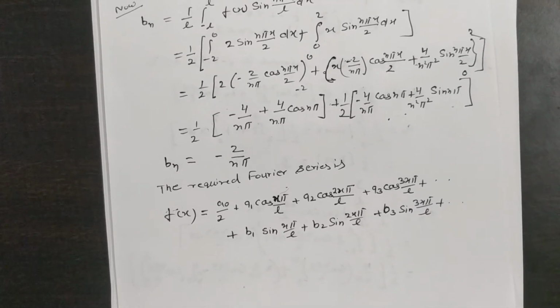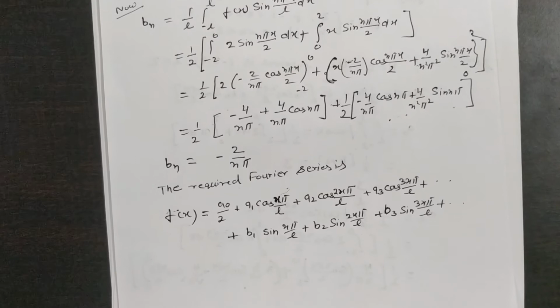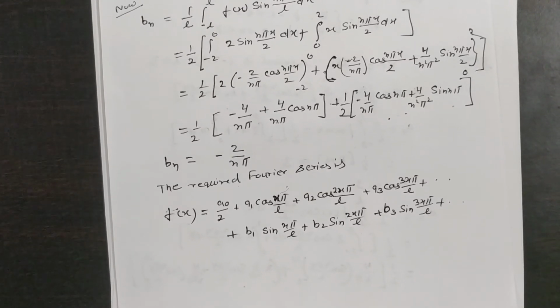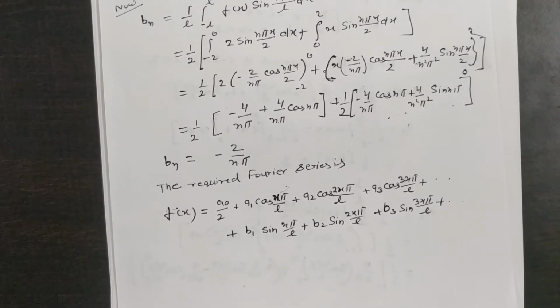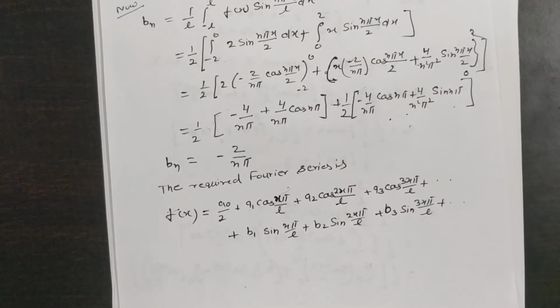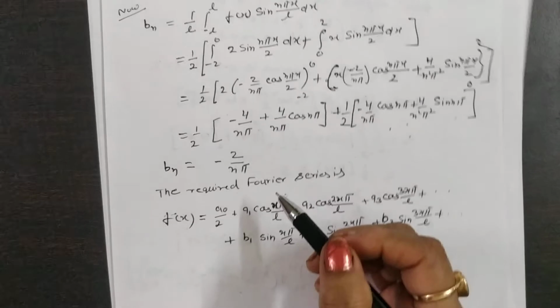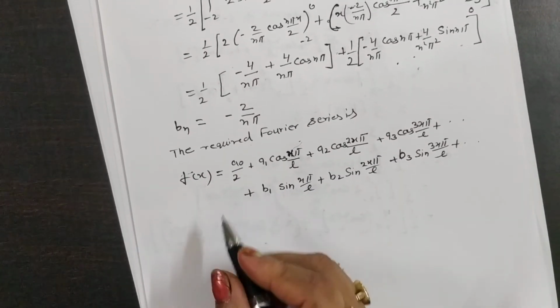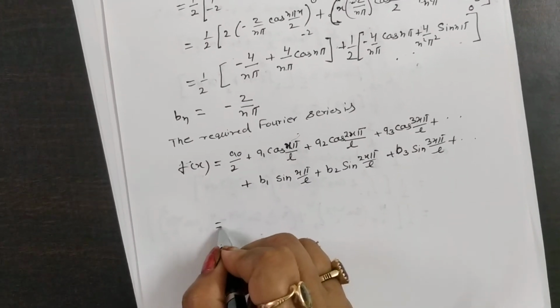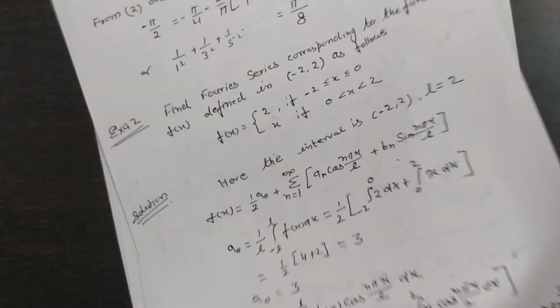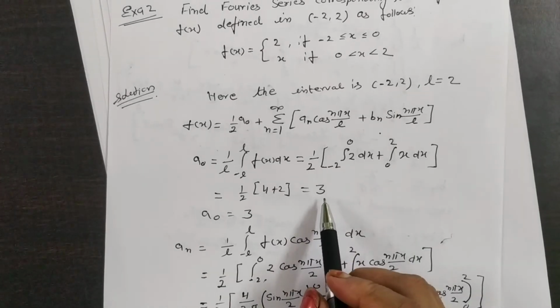Now it is easy to substitute all the values of a0, a1, a2 and so on, because you know all these values. What is a0? a0 is 3 here.